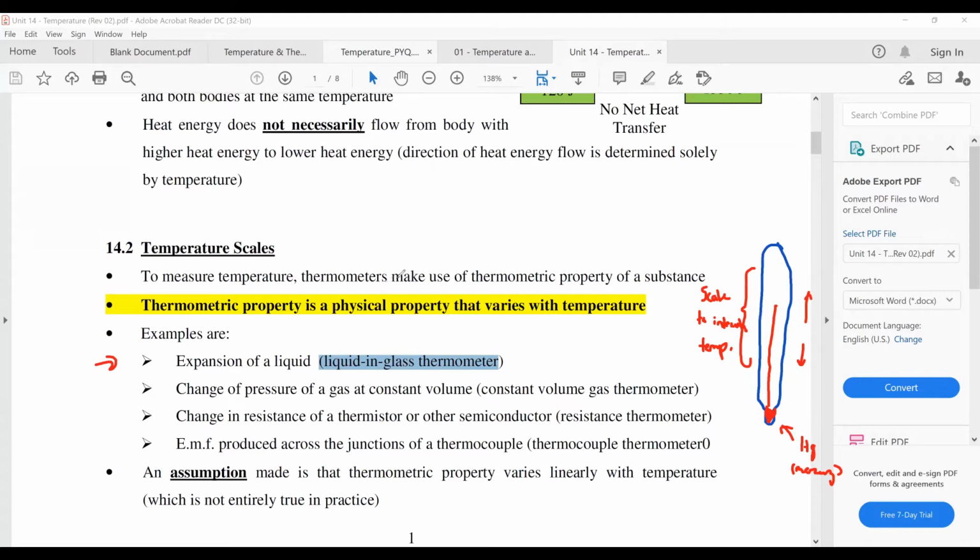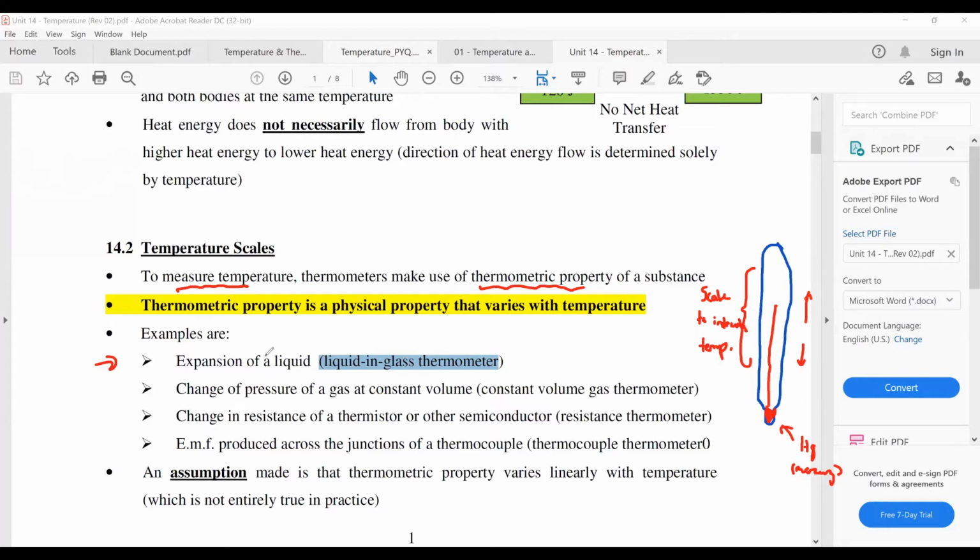But when you're talking about using thermometers to measure temperature, you need to know that a thermometer makes use of something called a thermometric property to measure temperature. A thermometric property is simply a physical property that varies with temperature. The easiest one is expansion of a liquid in a liquid in glass thermometer.